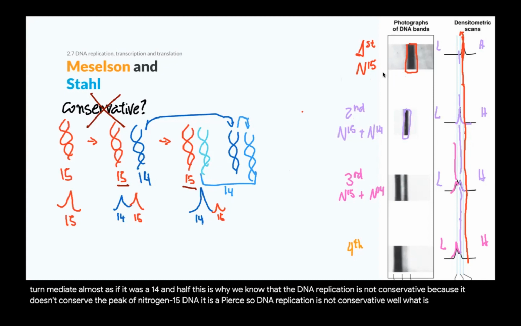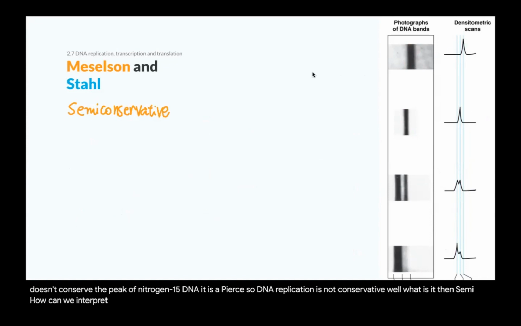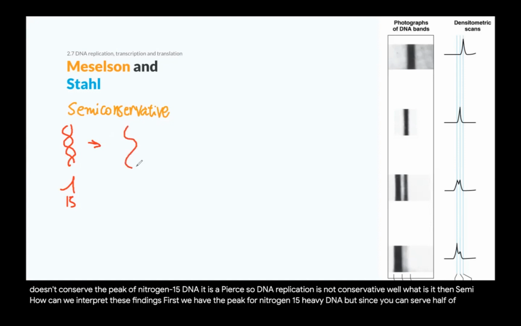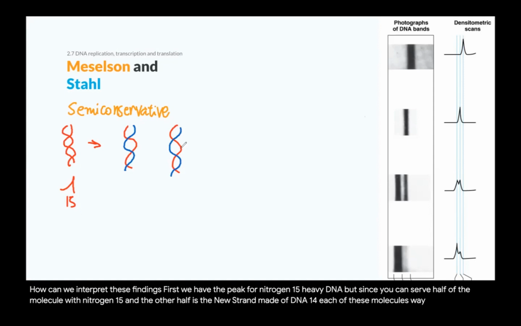Well, what is it then? It is semi-conservative. How can we interpret these findings? First, we have the peak for nitrogen 15, heavy DNA. But since you conserve half of the molecule with nitrogen 15, and the other half, it's the new strand made of DNA 14, each of these molecules weigh the same.